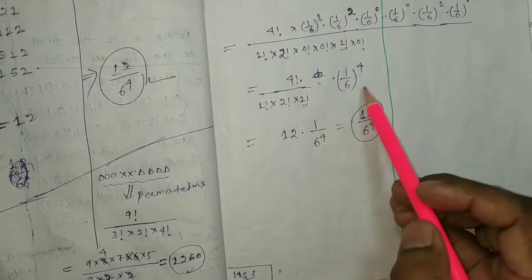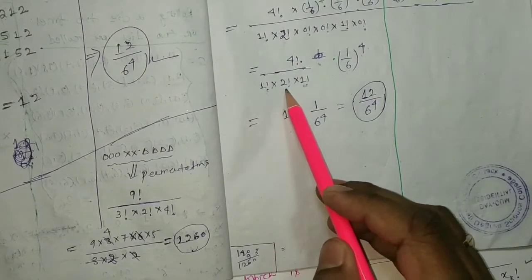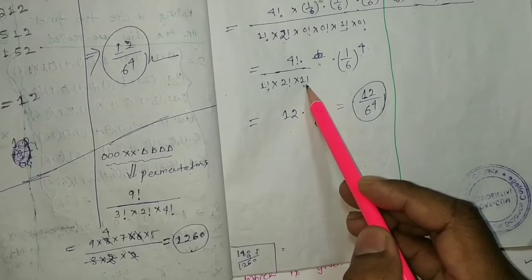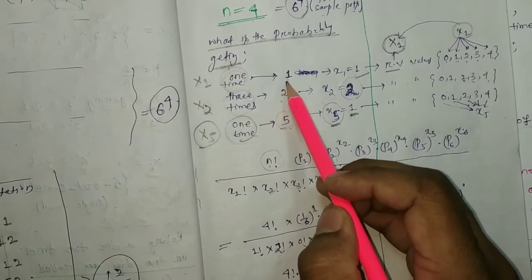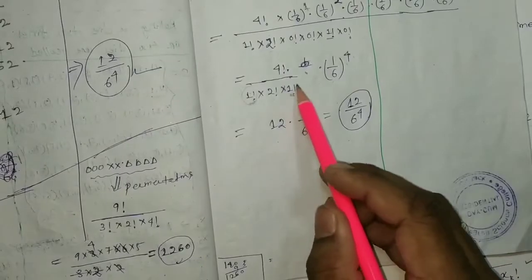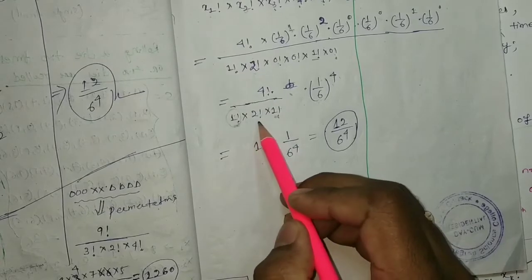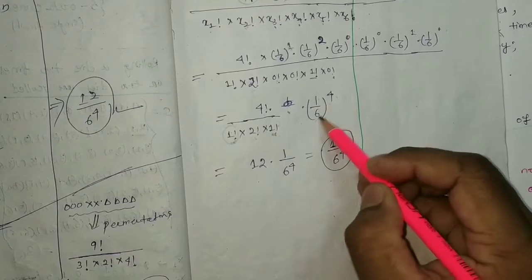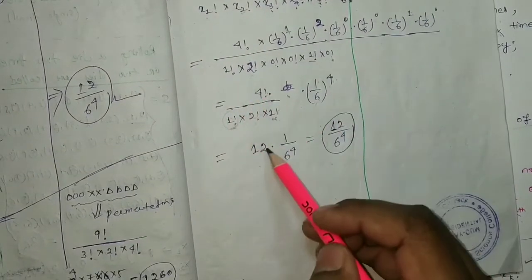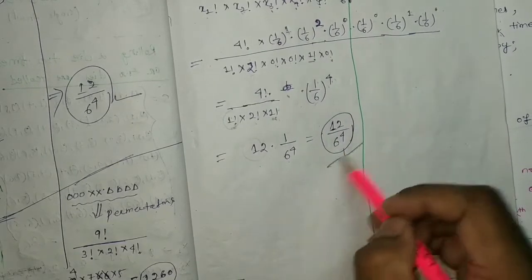Here 1 factorial belongs to random variable x1, 2 factorial belongs to random variable x2, and 1 factorial belongs to random variable x5. So 4 factorial by 1 factorial into 2 factorial into 1 factorial into 1 by 6 to the power 4. So this will be how much? 12 into 1 by 6 to the power 4. It will be 12 by 6 to the power 4. This will be your answer.